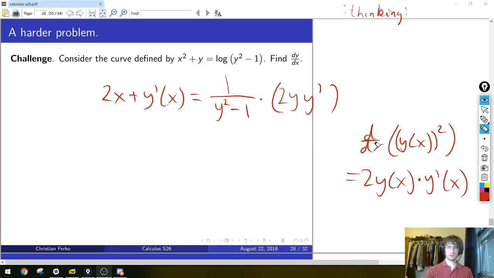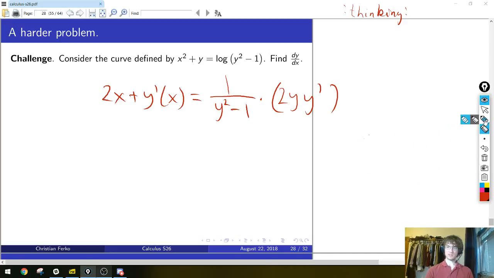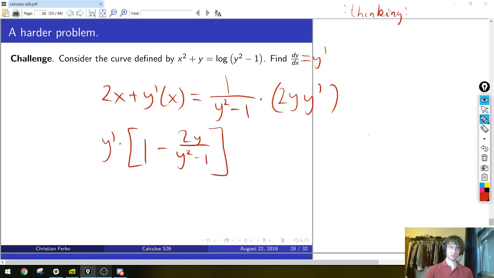Good. Alright, so now we can solve, since we are asked to find dy dx, which is the same as y prime. So I will not subject you to the algebra, but what you do is move this thing to the left, move the 2x to the right, so then we have y prime factoring out, y prime times 1 minus 2y over y squared minus 1 equals minus 2x.